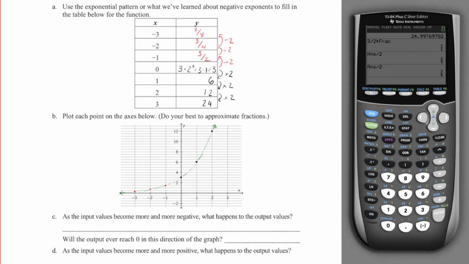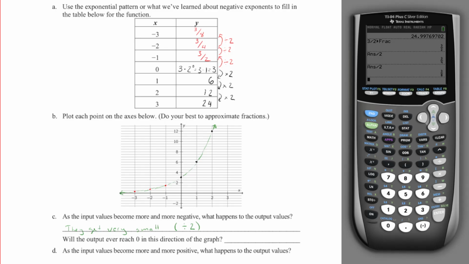As the input values get more and more negative, the output values get very small, because we're dividing by 2.